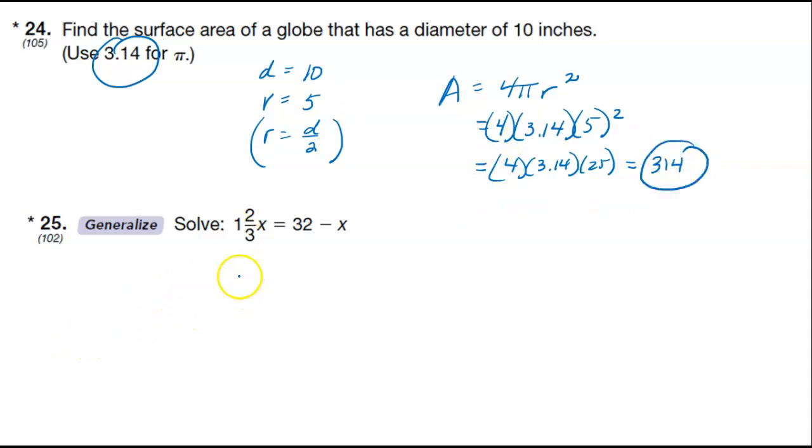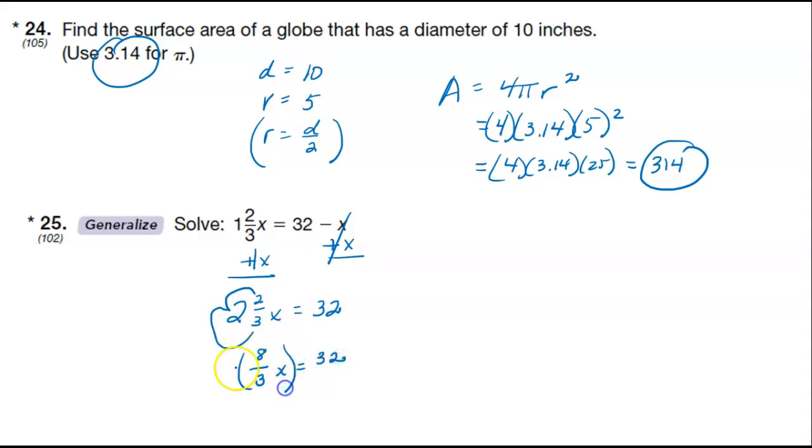Okay. Here it says solve for x. I'm going to add this. Keep in mind this is 1x. So that gets rid of that. If I add 1 to this, I have 2, and 2/3 x is equal to 32. Then I'm going to popcorn. 3 times 2 is 6, plus 2 is 8.